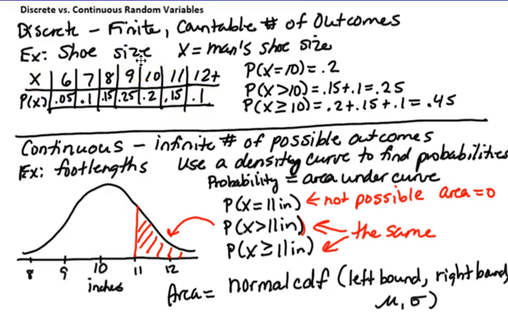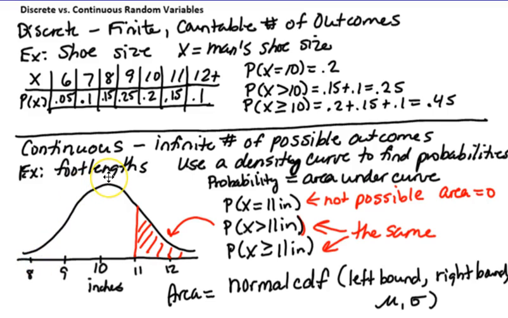So the only way to find probabilities for foot lengths is to make what's called a density curve. In this case, it would be easy to imagine that the majority of foot lengths would be around some average number of inches. And I think I read that 10 to 10.5 inches was the average foot length for a man on the internet. So that's why I picked 10. We would have a smaller number of very large feet and a smaller number of very small feet.